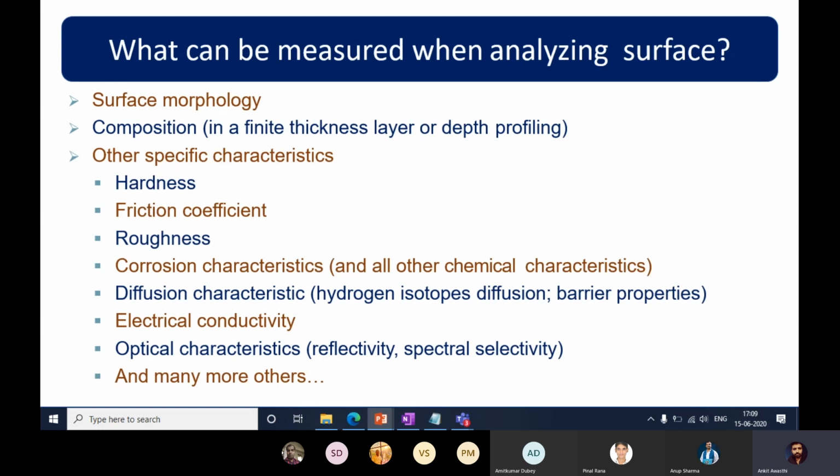So it gives some idea of what actually happens to the material during that treatment or analysis, whether we are doing some X-ray analysis or the like.